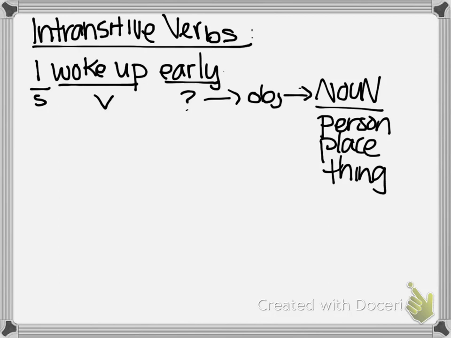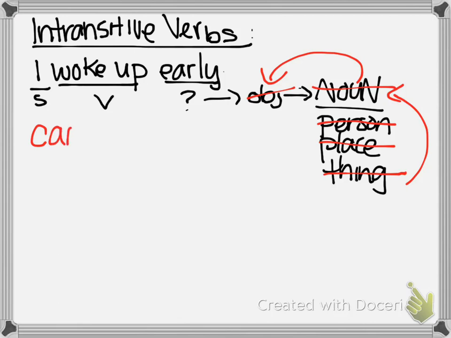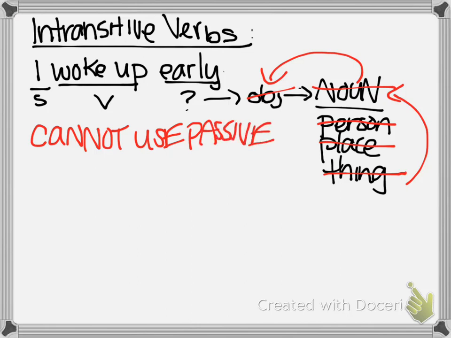And it is definitely not a person. It is definitely not a place, and it's definitely not a thing. That means it's not a noun. That means it's not an object. That means we cannot use passive. So we stop right there. Step 1. We don't have to change it.